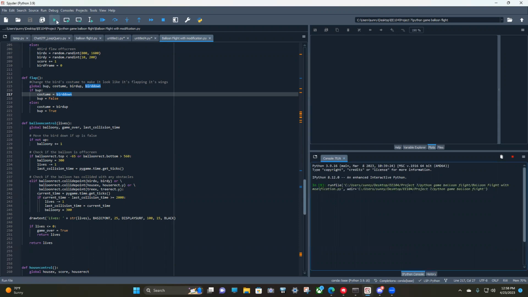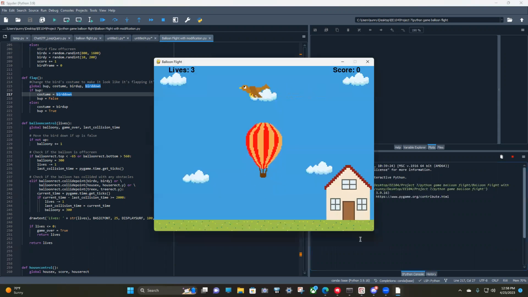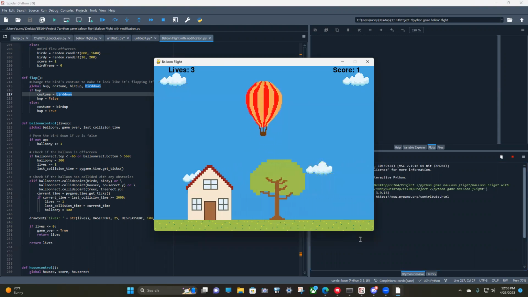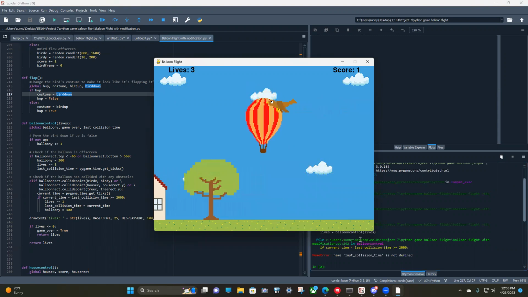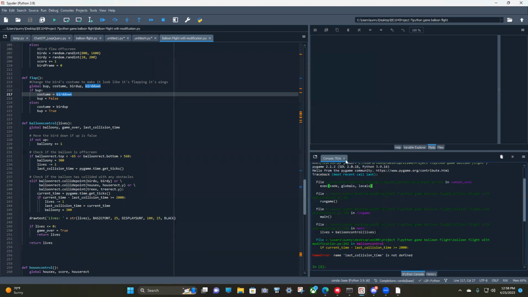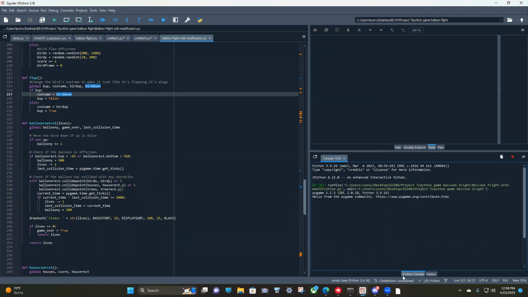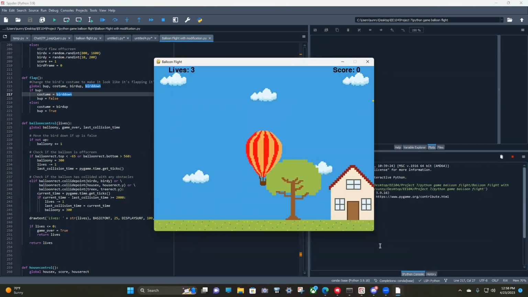Okay, there again. Okay, running it, playing it. So I gave it 3 lives and I gave it a score counter and I spread it out. And what it's supposed to do is count down from 3 lives. But it kind of glitches off sometimes.